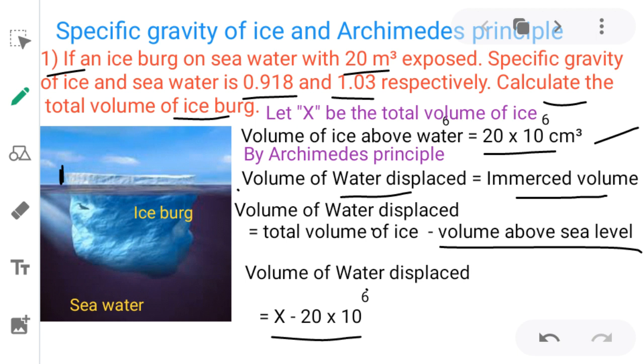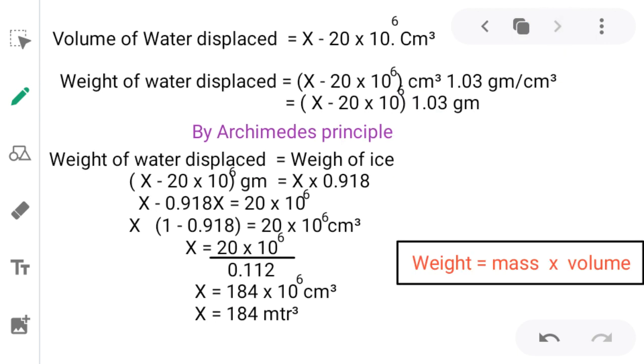If x is the total volume, then x minus 20 into 10 to the power of 6 centimeter cube will be the volume of water displaced. The weight of water displaced is volume into density.